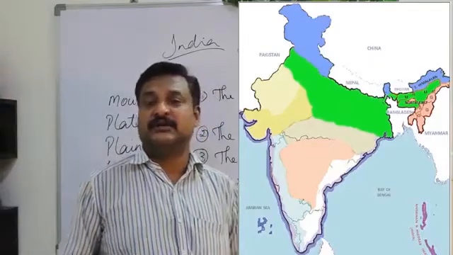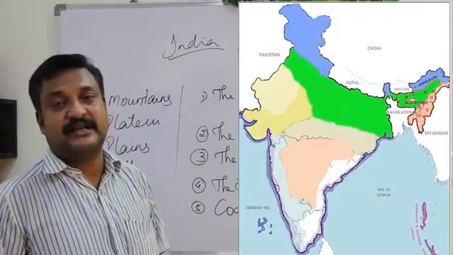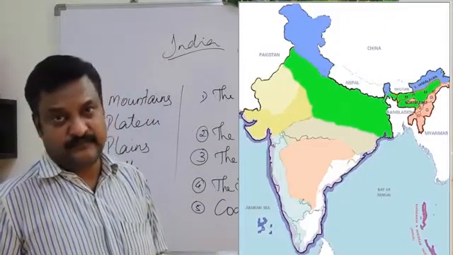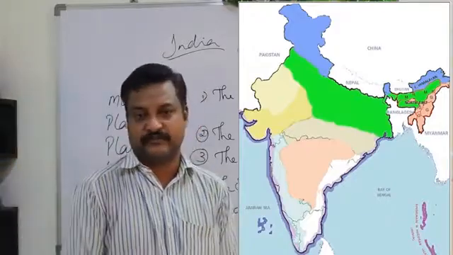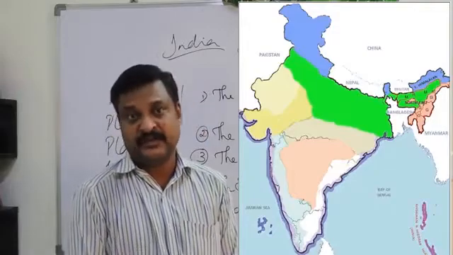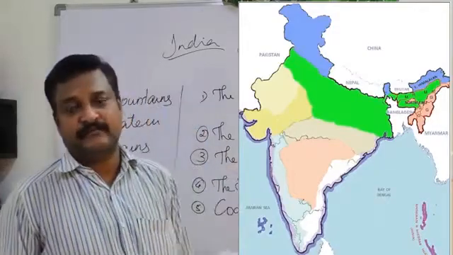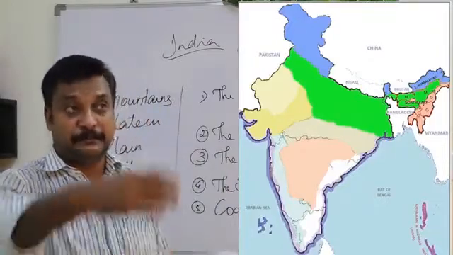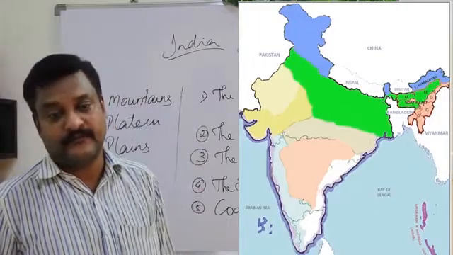On the southern side it is because of the Indian Ocean, and on the western side we have the Arabian Sea. So towards the coastal region we have plenty of plain areas also. The coastline is different from a coastal plain. Coastline is where the land meets the sea. Coastal plain is the plain land areas we have along this coastline, right?